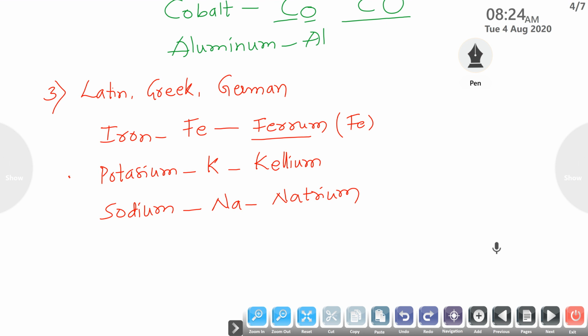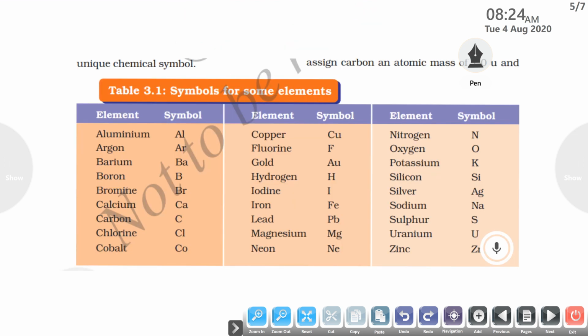Next we will show some examples of the elements. Just focus here. Here is a table. In the table we can identify how their symbols originate. The first one, aluminium. Here they are using 2 letters from the name.